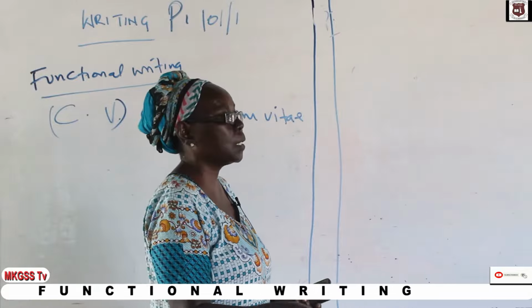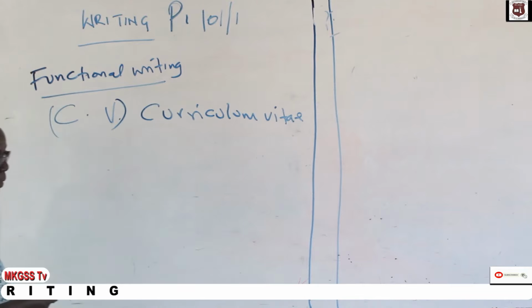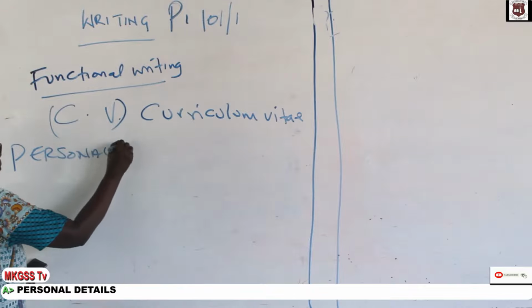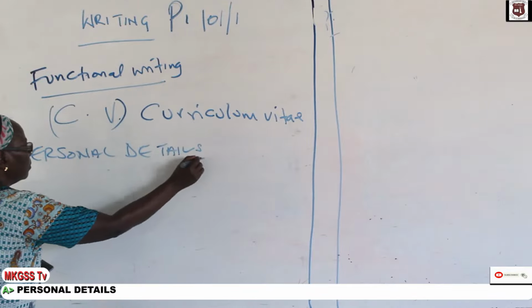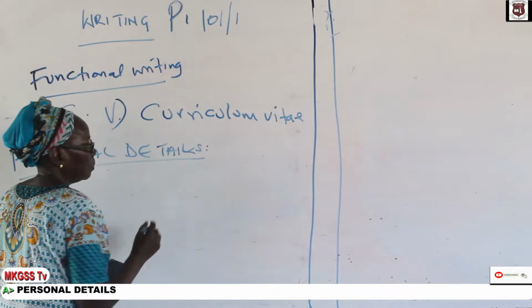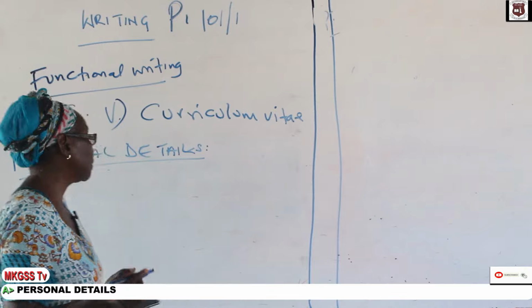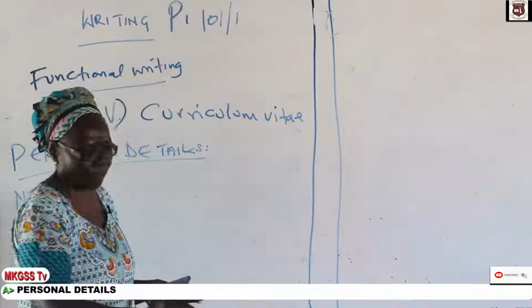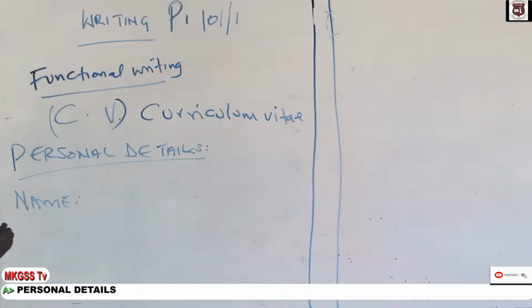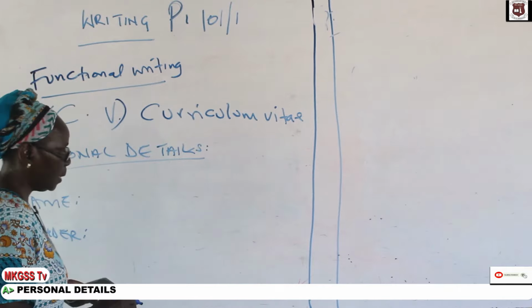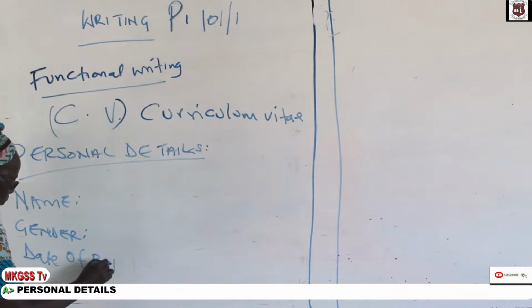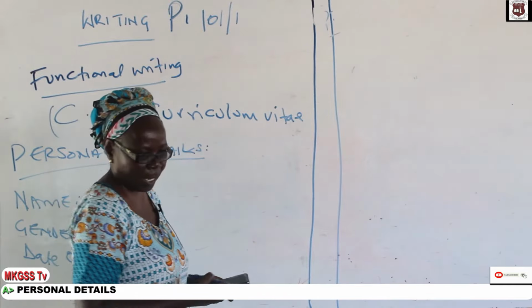So the first point in curriculum vitae is personal details. Who are you? So in the personal details, you're giving us your name. So you can write down your name as I move along. Gender. Date of birth. This must flow in that order.